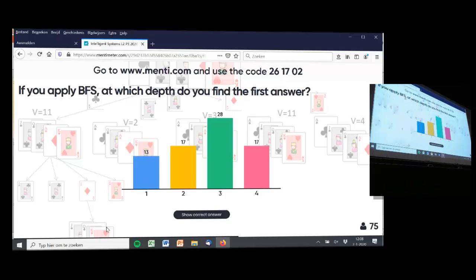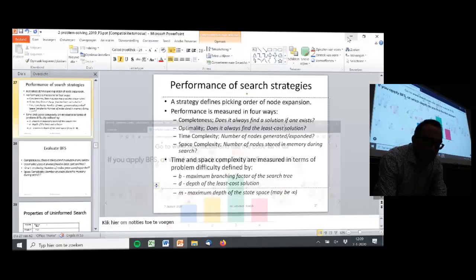In the first expansion phase, you look at all the cards that are played. Then in the next level, you might get into playing the jack here and the queen here, and on this level you will get to the 22 value, because you go through all the options per level. Sorry, that was a bit ambiguously formulated.